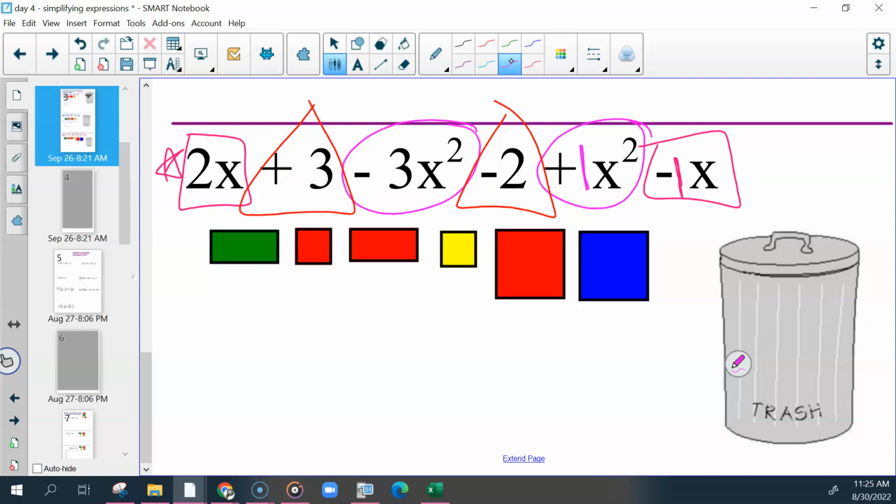I heard a voice, but didn't hear what he said. When we're combining the x squares, it'll be very similar to when we combine the x's. We're just taking the number in front, adding or subtracting those, and then putting x squared back. Alex?